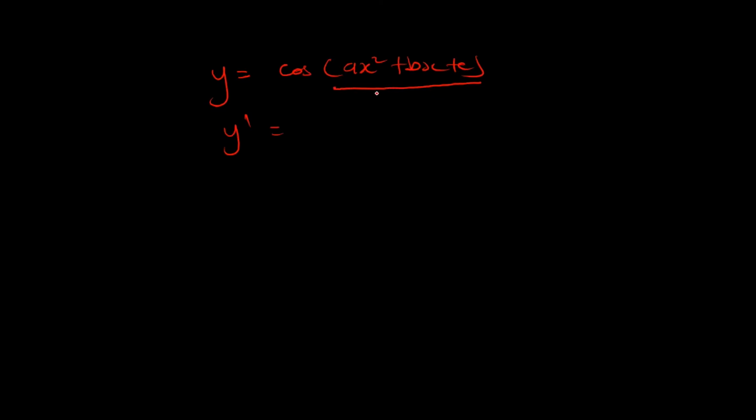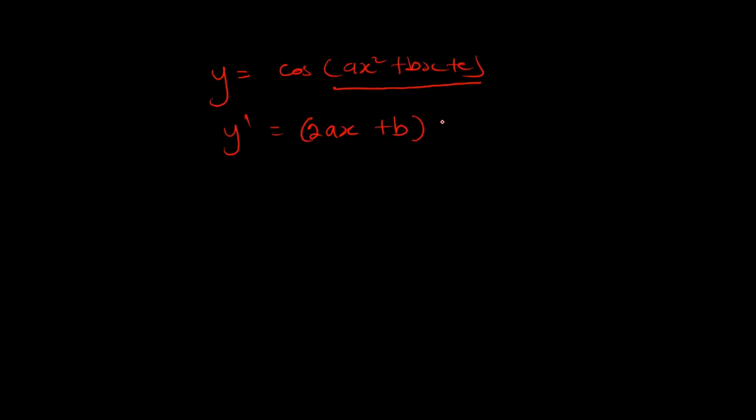So you differentiate whatever is in the bracket. After differentiating, you differentiate the trig function and multiply by the derivative of the angle that you had. So when you differentiate ax squared, we will get 2ax. When we differentiate bx, we will get b. When we differentiate c, a constant, it will go to 0.